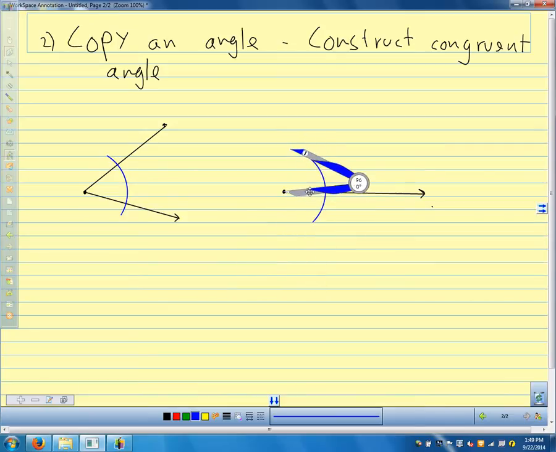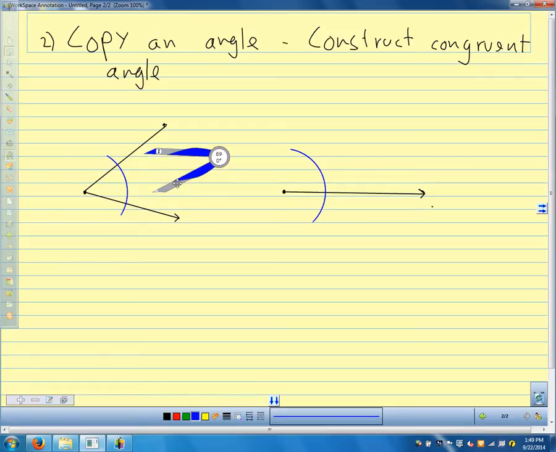Now I'm going to take my compass over here, and I'm going to set the point right here where the arc crosses the angle. And I'm going to open my compass up exactly how far the angle opens across that arc. So set the point on one side and the pencil part on the other side of the arc.